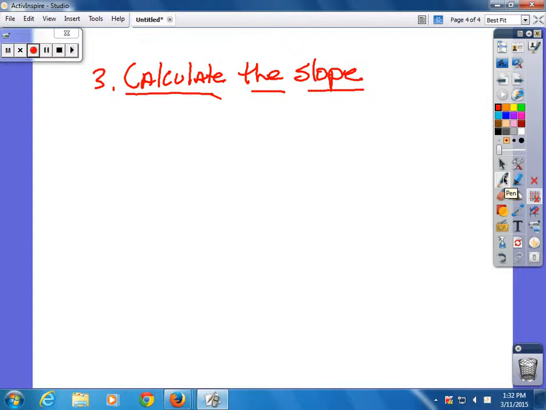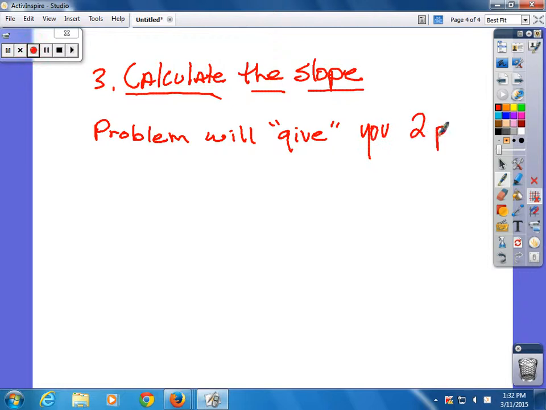Well, usually the problem will give you, there's 3 ways it'll give you, 2 points. Somehow the problem is going to give you 2 points.